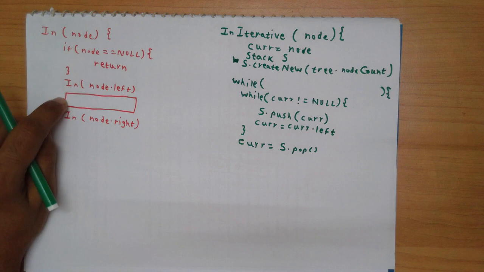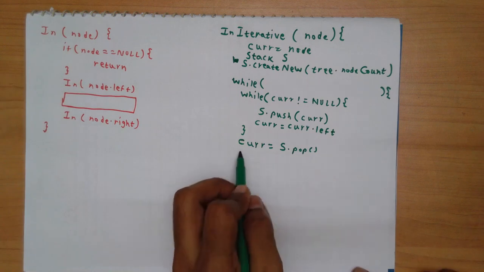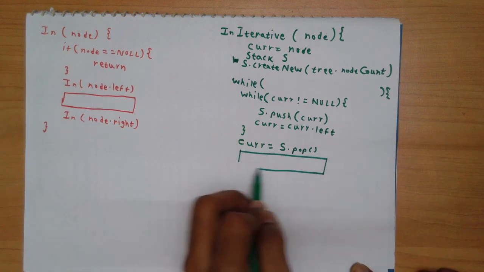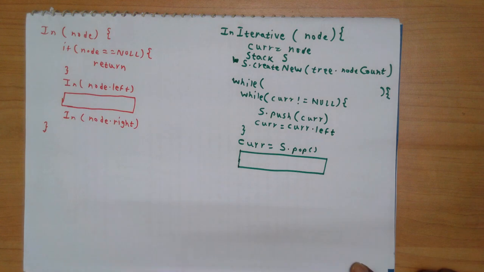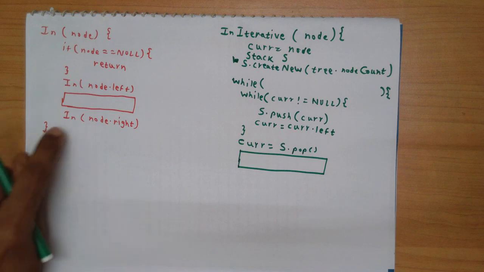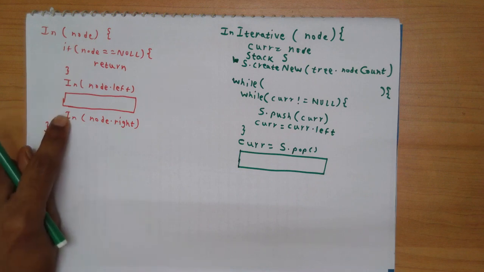Now I have to perform the node specific action. I will write that action here. In this case we are going to just print, but you might be doing traversal for some other purpose, and then you can have that specific action in this particular box. Once you do that, the next thing you should do is proceed with the right. And now we don't have to remember the node.